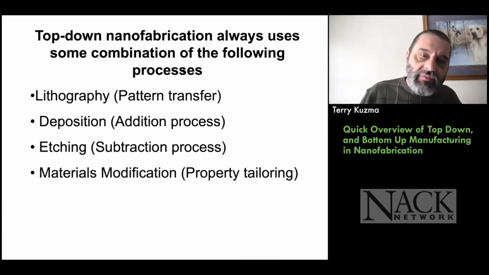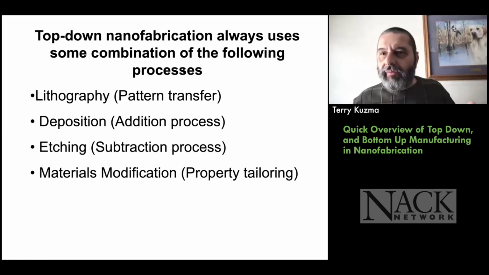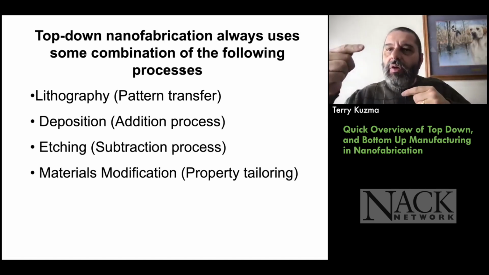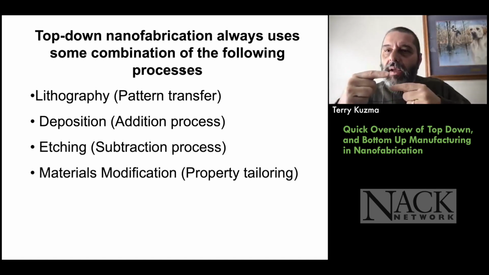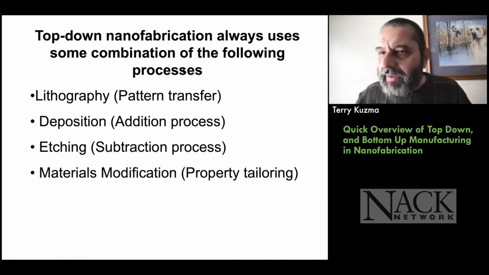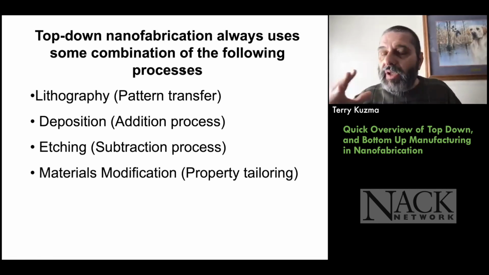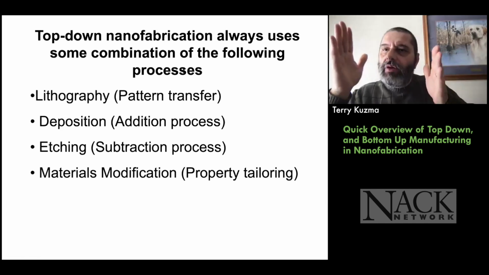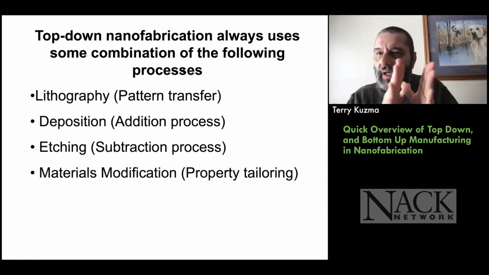We do lithography, deposition, etching, material modification. But we can do a few etchings and then one lithography. So what you do is you do them in different sequences, and when you do them in different sequences and with different materials, the final product is infinite. You have all these choices in how you would do the particular procedure.